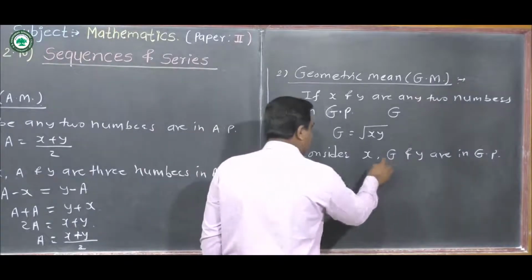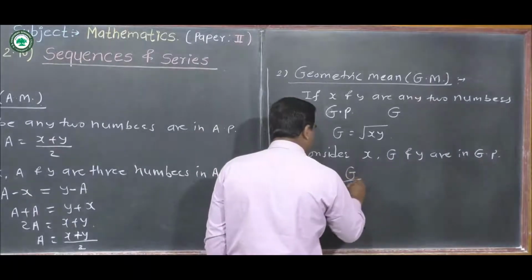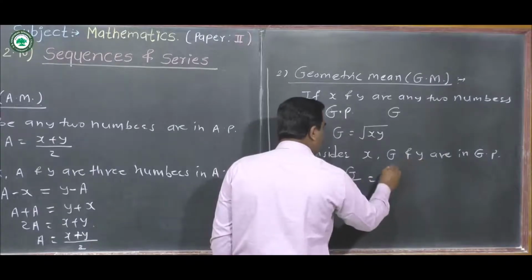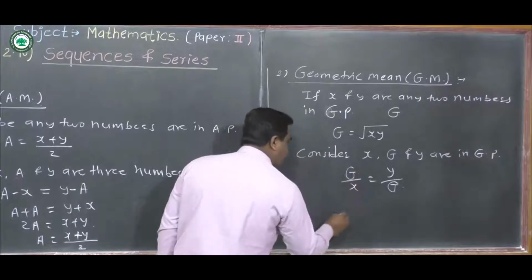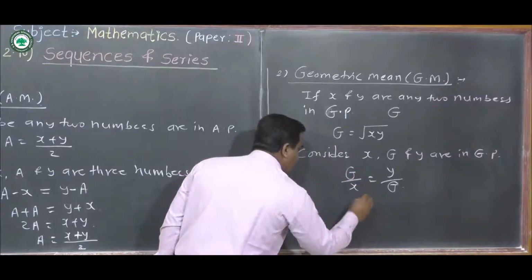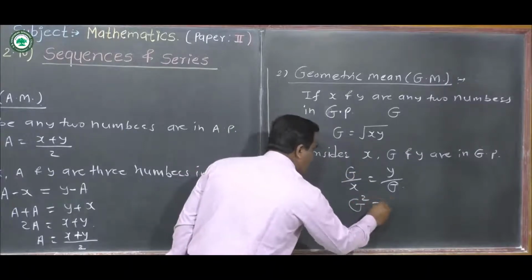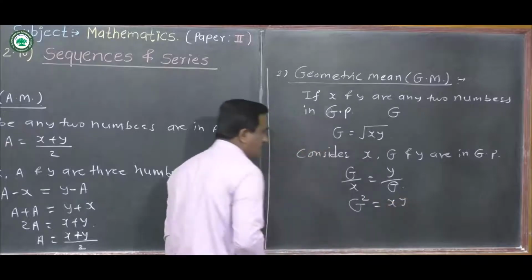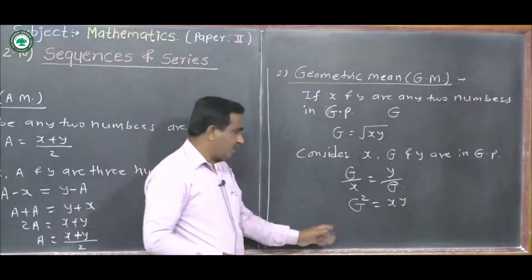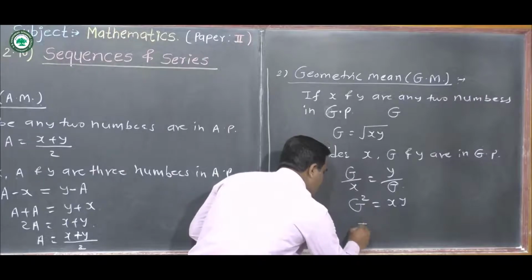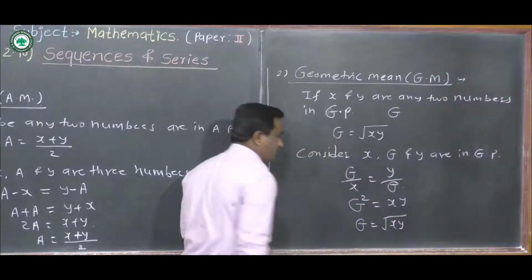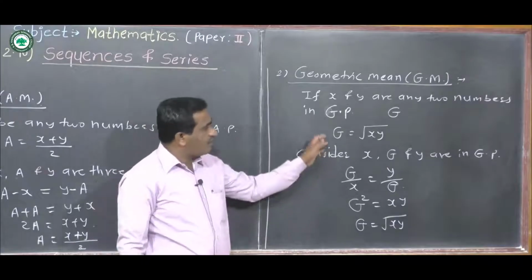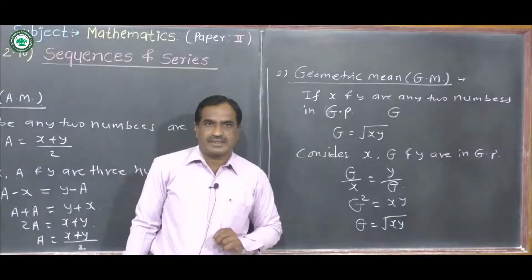Therefore we can write G upon x is equal to y upon G. That is, taking cross multiplication, G square equal to x into y. Now taking square root on both sides, G is equal to under root x into y. Okay, this is the geometric mean for the sequence.